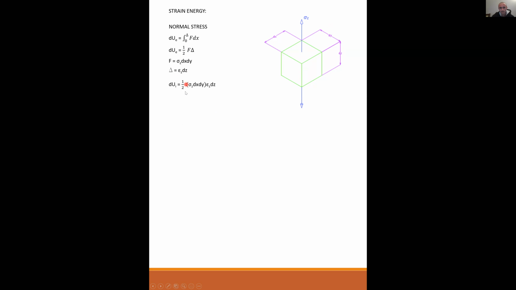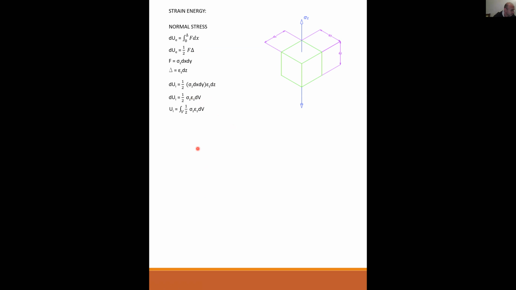Instead of half times the force, I have half times sigma z dx dy. And instead of times the deformation, I have epsilon z dz. I can combine dx dy dz into dV, a differential volume, with sigma z and epsilon z.